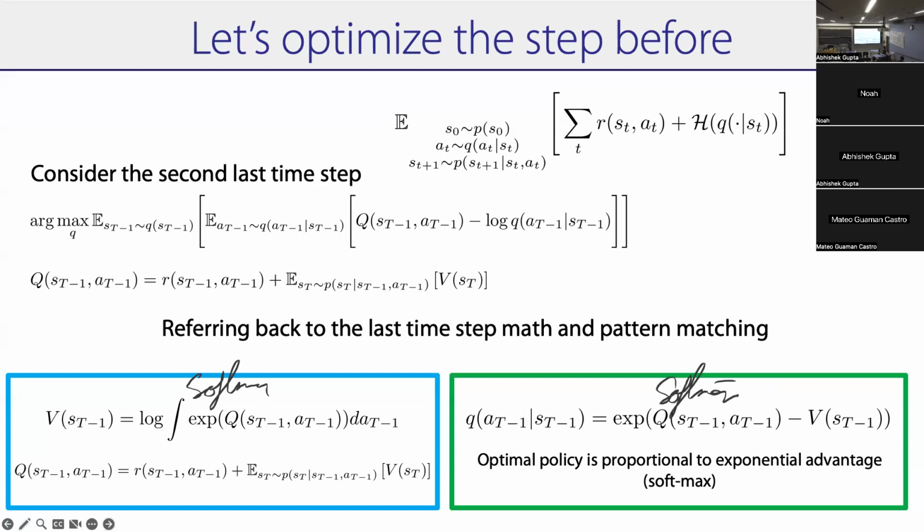And so the only difference between Q learning and soft Q learning is one is soft, which means that you do log integral exp, and the other one is max. And if you have a temperature term or you do scaling of Q, soft will become hard. Right? So if you multiply all your rewards by 1,000, your soft Q learning will become hard Q learning. I'll work that out in a second.